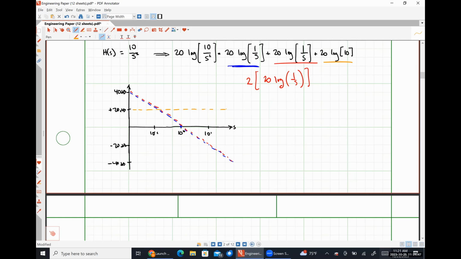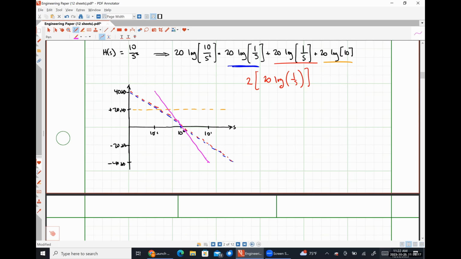So adding all of these things together, let's do it kind of like this. Let me do this in pink first, right? So if I add my blue response and my red response to each other, I would have this line right here where I have a slope of -40 decibels per decade.